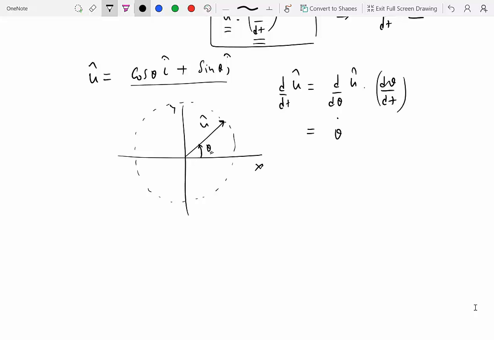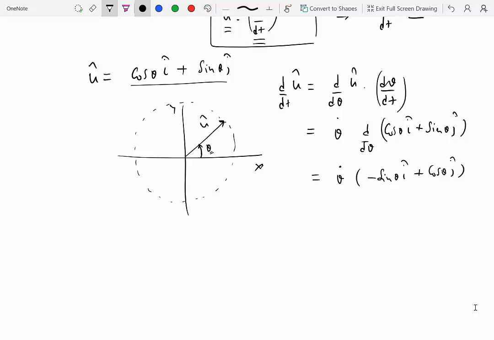I'm going to bring it to the front. And I have d over d theta of u hat, which is d over d theta of cosine theta i hat plus sine theta j hat. So what is this? This is minus sine theta i hat plus cosine theta j hat, and we have theta dot over here.